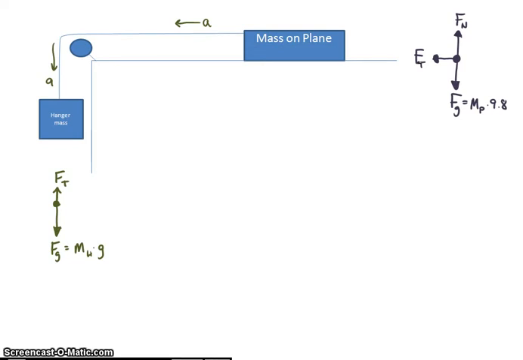Okay? So in this instant, because I have a tensional force, the net force, and I'm going to call it net, the net acceleration force is equivalent to the tensional force between the string.